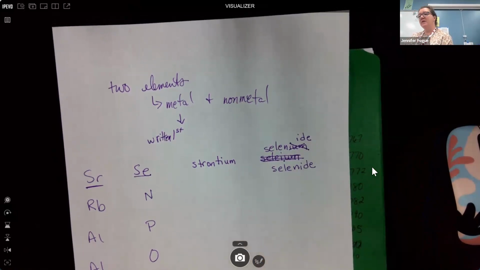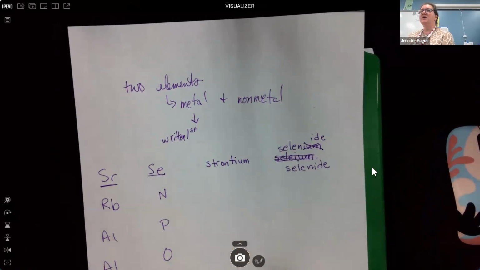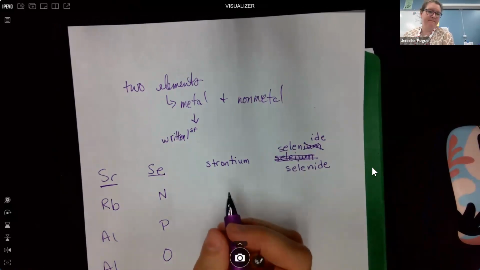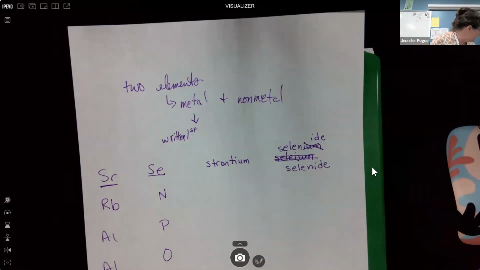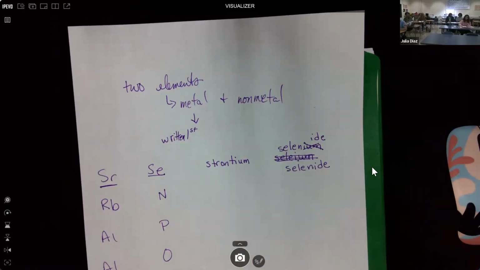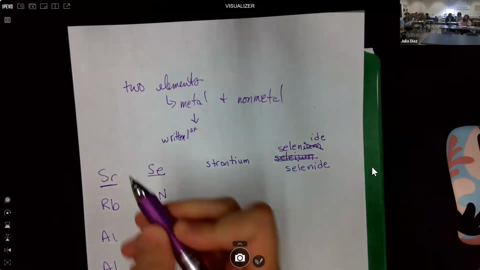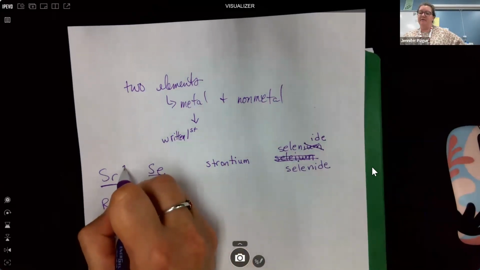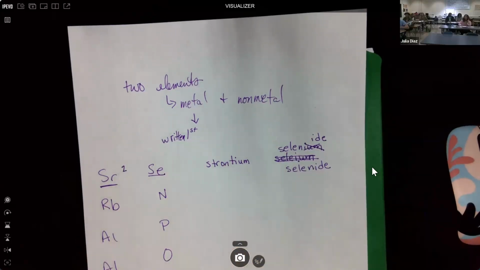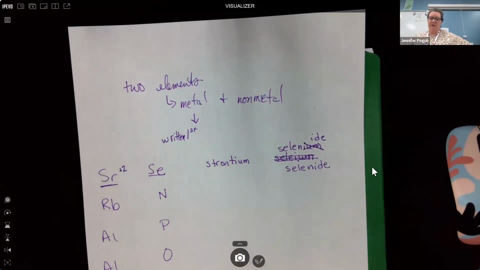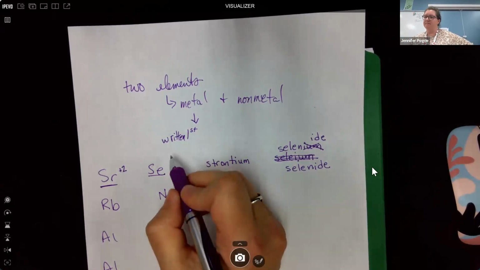Now let's write the formula for it. What's the charge of strontium? North, I'm still picking on you. Get your periodic tables out. 2, but is it a positive or a negative 2? Plus. Good. Selenium, way over in group 16. What charge?